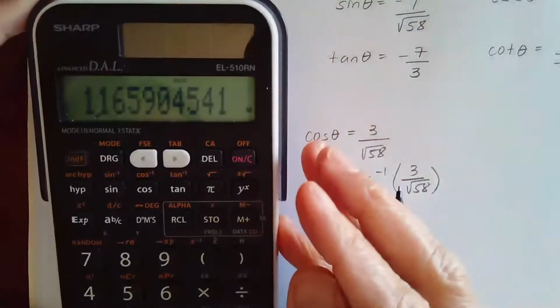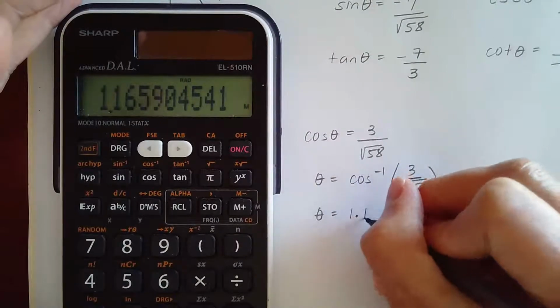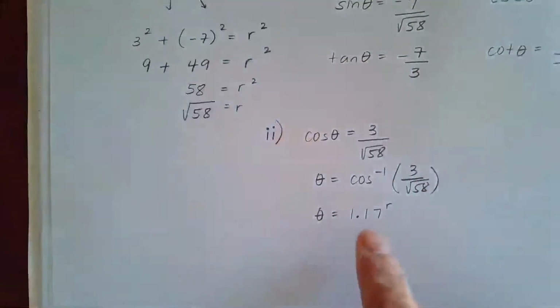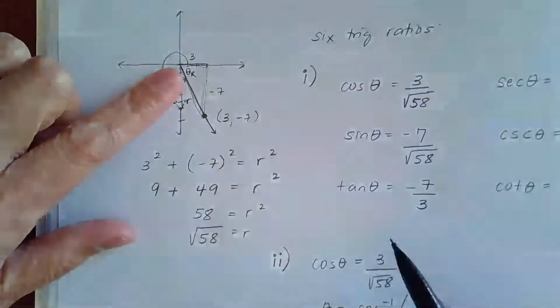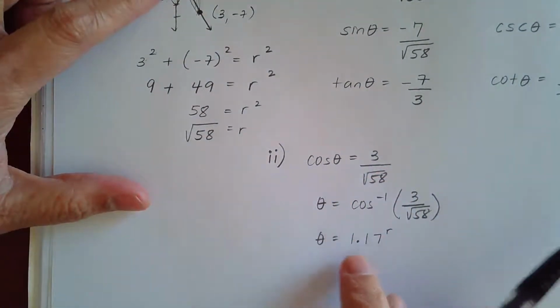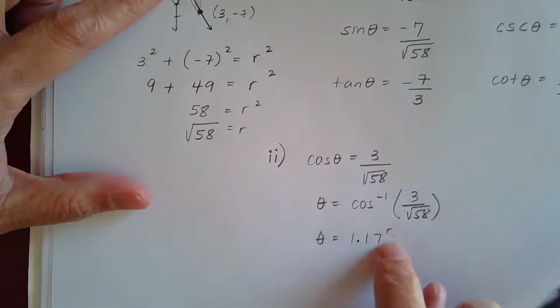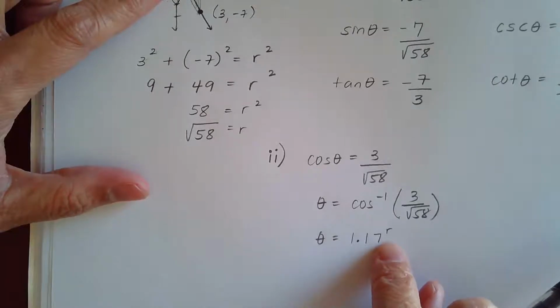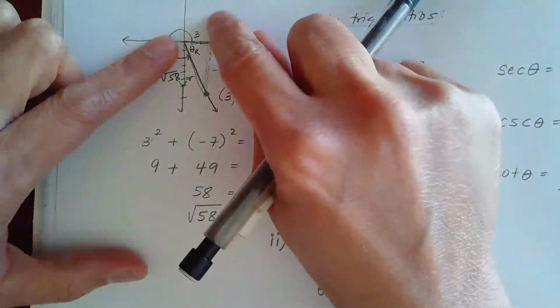I'm going to get 1.17 radians. Now, let's see if this even makes sense to us. Because we used cosine here, we have a positive 1.17 radians. The calculator actually thought that we are operating in quadrant 1 because cosine is positive in quadrant 1.